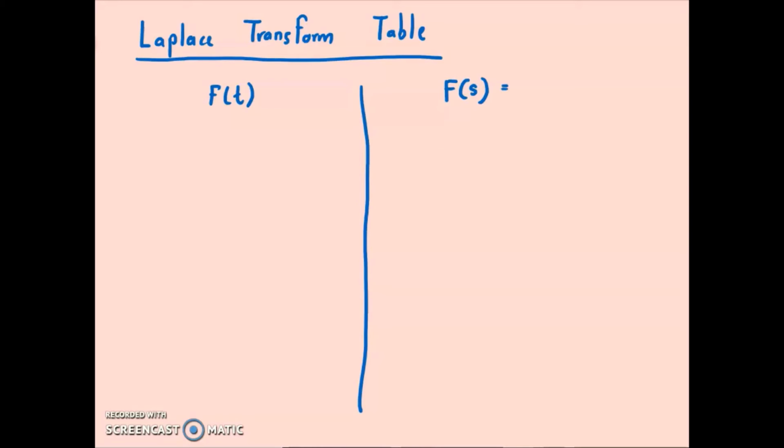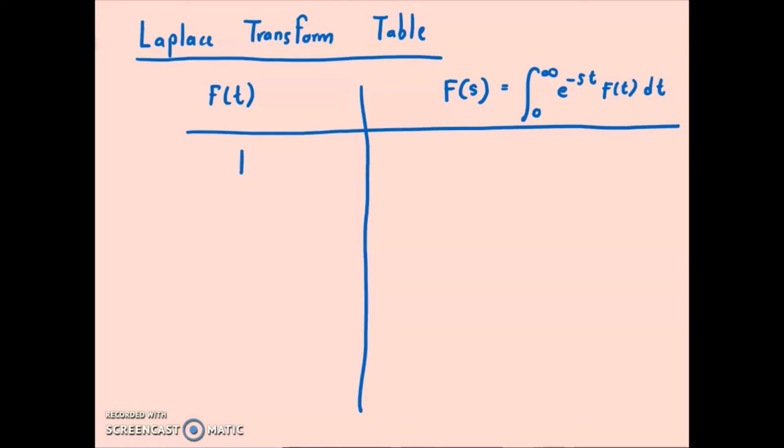Okay, so the Laplace transform is given by the integral from 0 to infinity of e to the negative st times f(t) dt. If you are given 1, the Laplace of 1 is 1 over s for s greater than 0.